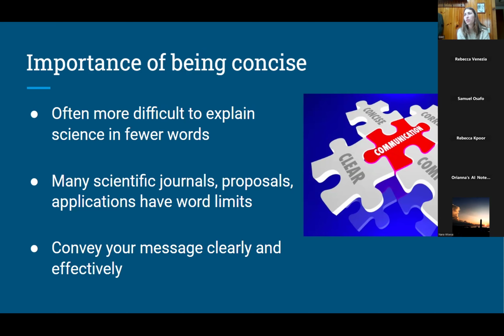Abstracts are definitely a place where you don't want to include any kind of fluff, so to speak. So when you're looking through your abstracts, you want to make sure that every sentence is effective and needs to be there, if that makes sense. It's telling the reader some new information that's important.